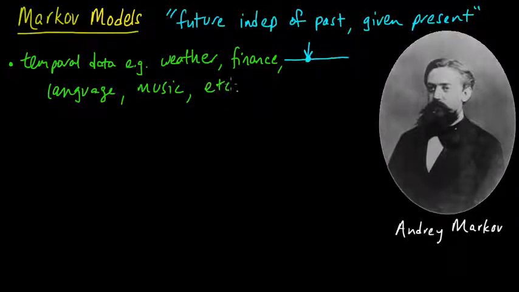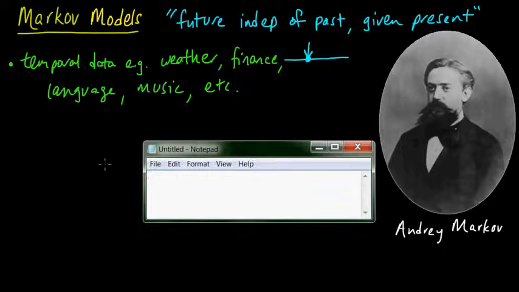I could go on and on with the list of things that Markov models are used for. So I wanted to give you a couple of real examples of applications of Markov models, things for which they're used.